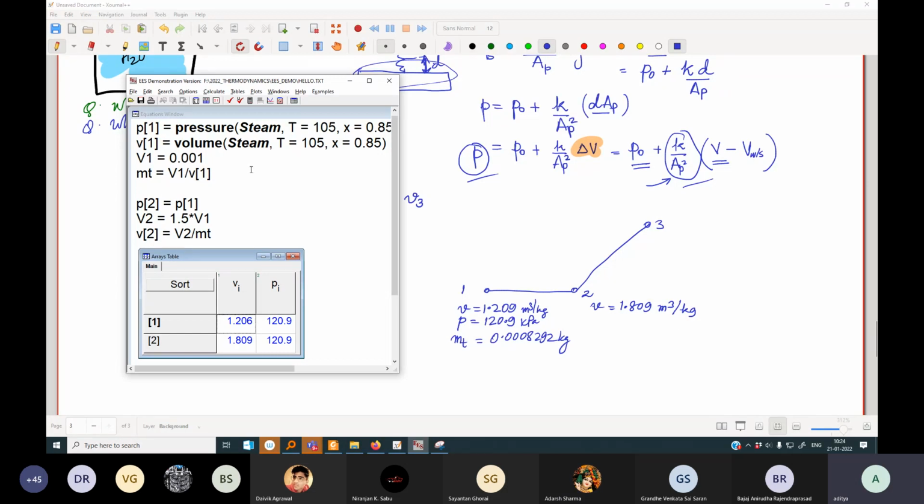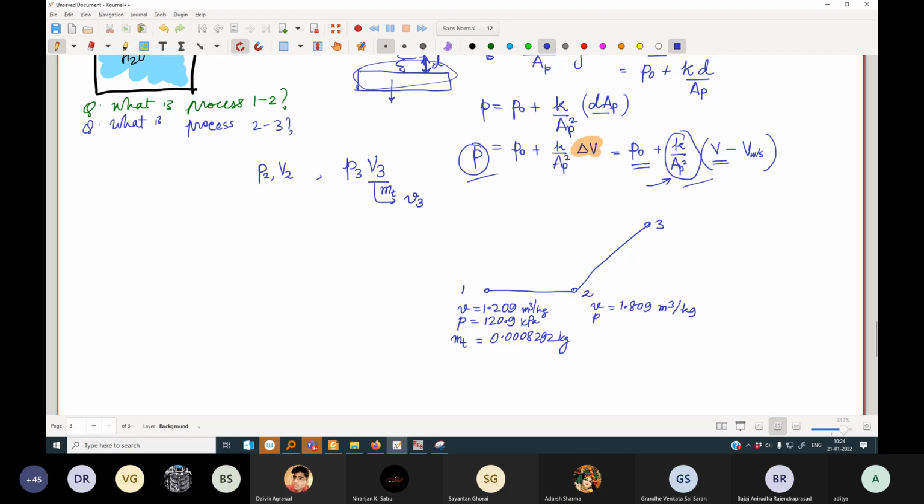I have converted it into meter cube. Oh yes, sir, sorry, I didn't see that. The mass is going to be the same. Okay, so now we have the entire second point as well.